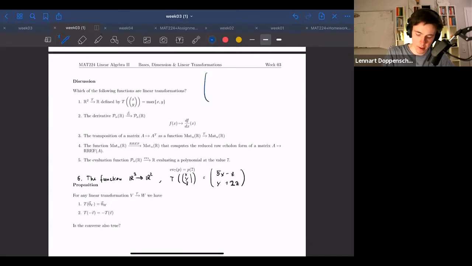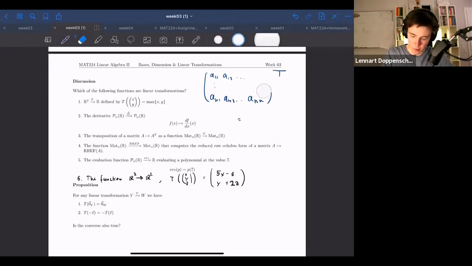So let me maybe just not make this too rigorous, but if you have a matrix A11, A12, A1M, AN1, AN2, ANM, and you take the transpose of this, then all I mean is, actually in this case, I want this to be square. So let me make this into AN1, and then this is ANN.